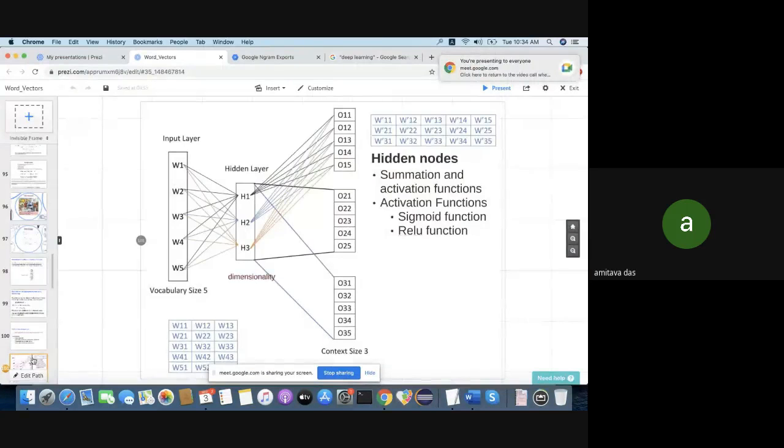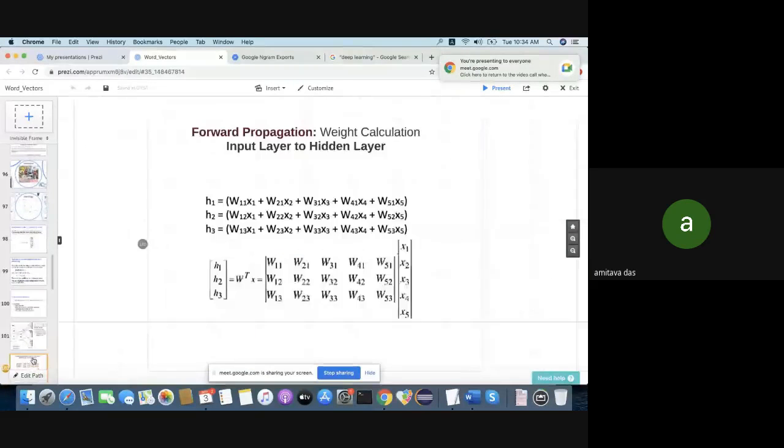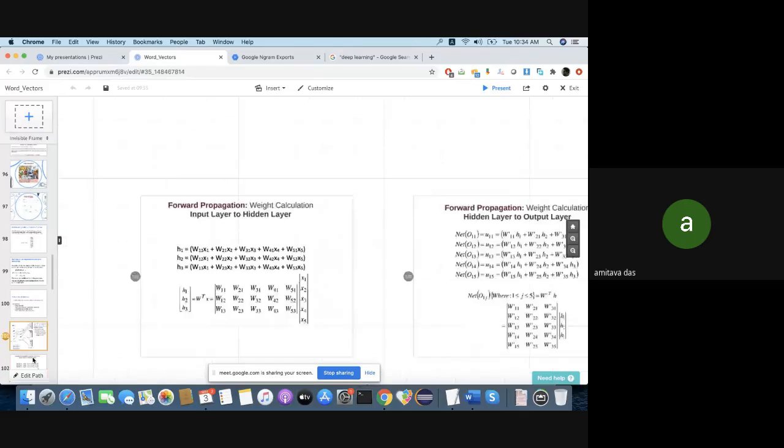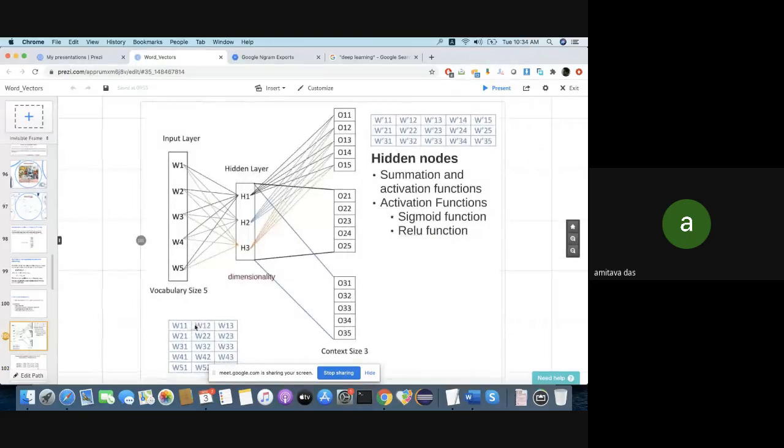Now let us look at the mathematics, which is very simple. We are trying to calculate the weights from the input layer to the hidden layer. If you remember correctly, these are W11, W12, W13, and we are representing the words in the vocabulary using X1, X2, X3, X4, and X5.